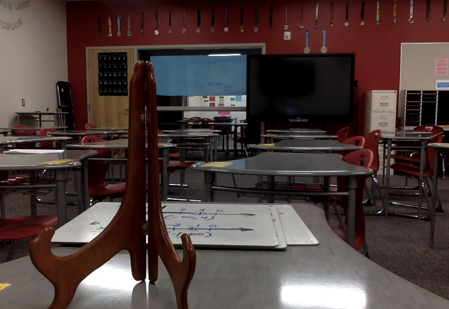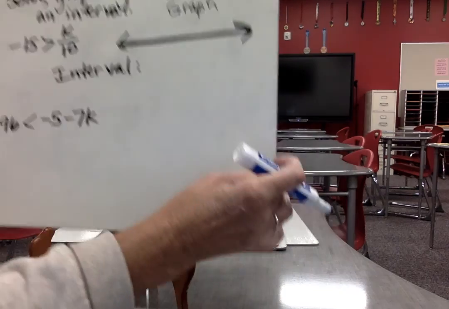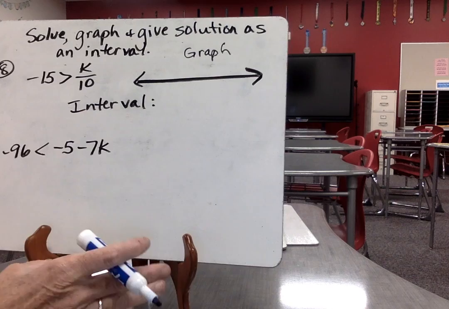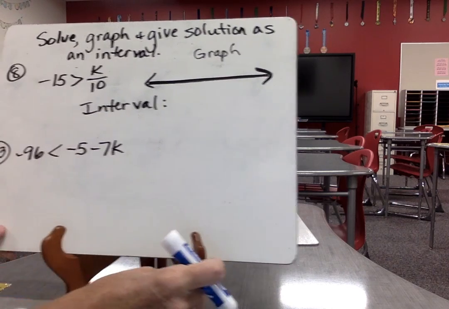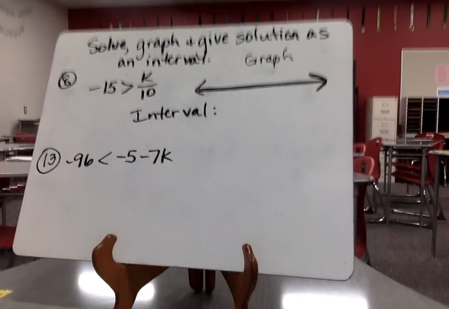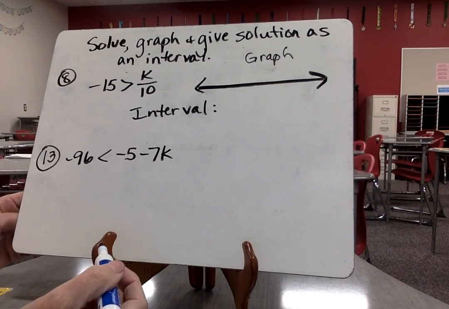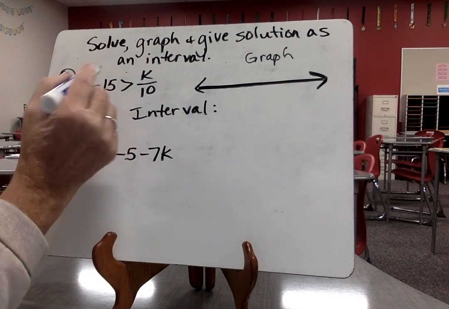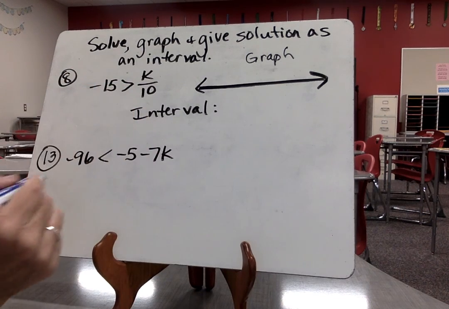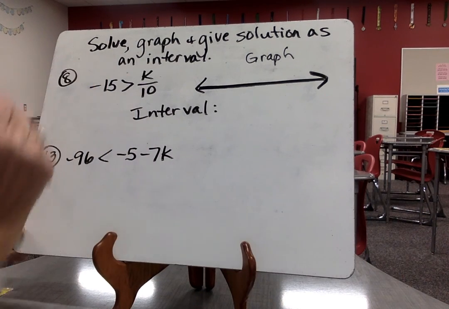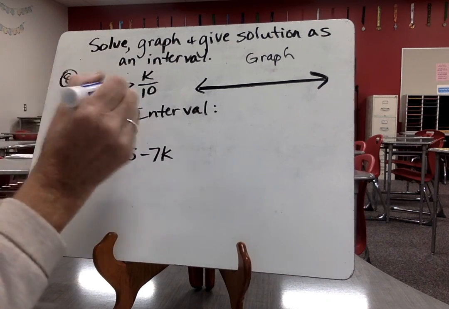Now we're going to go on to a few more challenging ones. I believe these are on the next page where it says solve, graph, and give solution as an interval notation. So if I'm going to solve for this, the first thing I'm going to do is get my variable on the left side. So I'm going to just do a flip-flop.